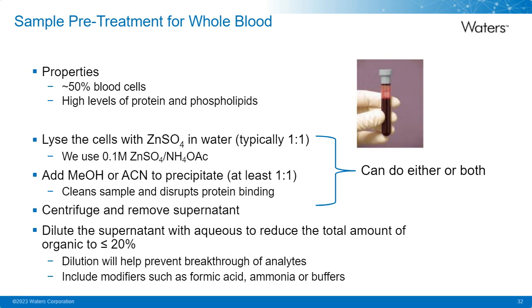At least 1-to-1, often you'll need 3-to-1 if drugs are strongly protein bound. We can then centrifuge, remove the supernatant, and then dilute it with enough aqueous to bring the organic down. That'll help us prevent breakthrough and allow us to more easily load onto our SPE sorbent. But we do want to, again, take care of this.